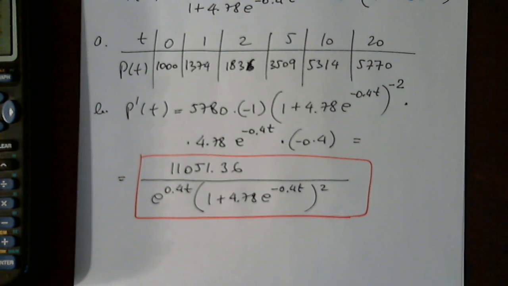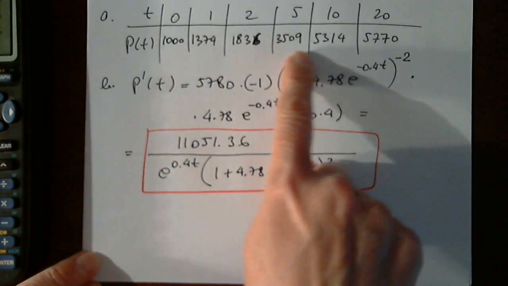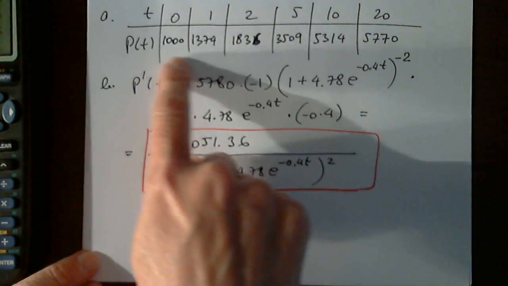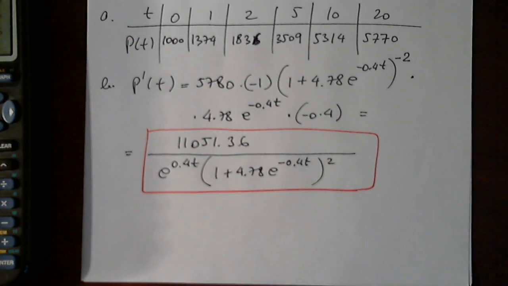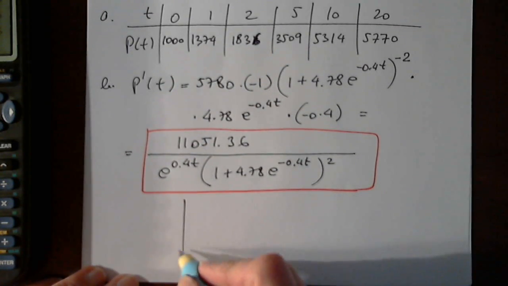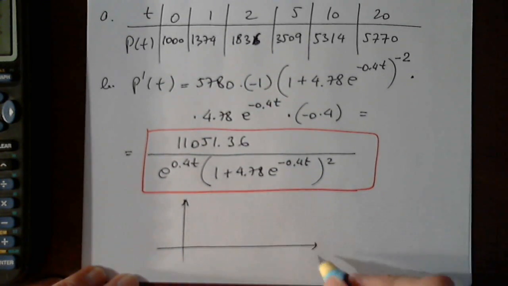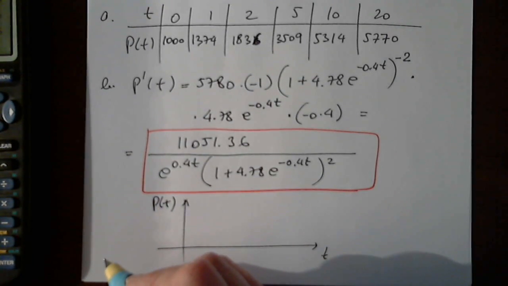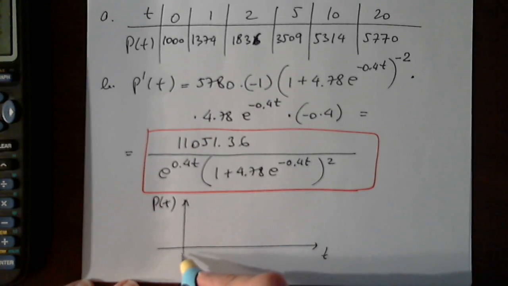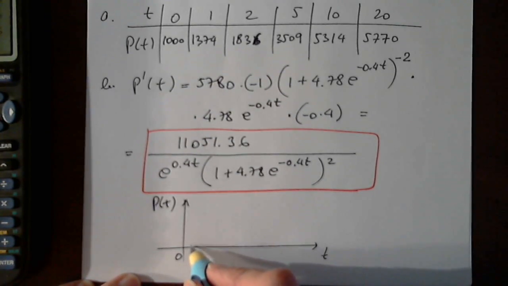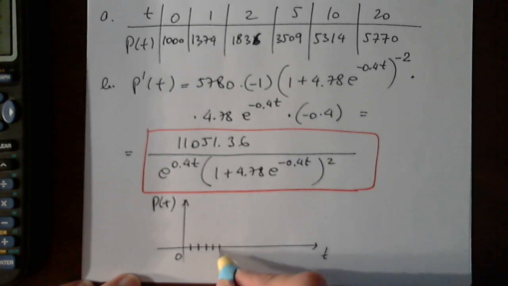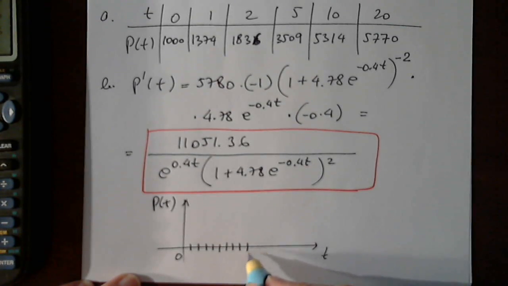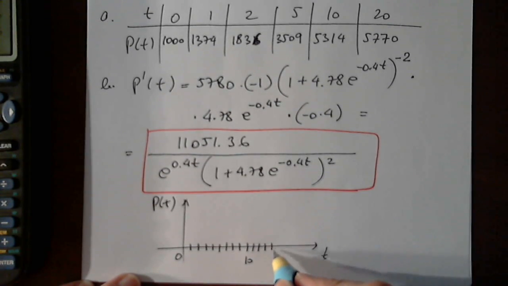Finally, sketch a graph of the function. I'm not going to differentiate this again. I'm only going to plot these numbers, these ordered pairs. So let's do just that. So t is the number of years. So 0, 1, 2, 3, 4, 5, 6, 7, 8, 9, 10. 1, 2, 3, 4, 5.